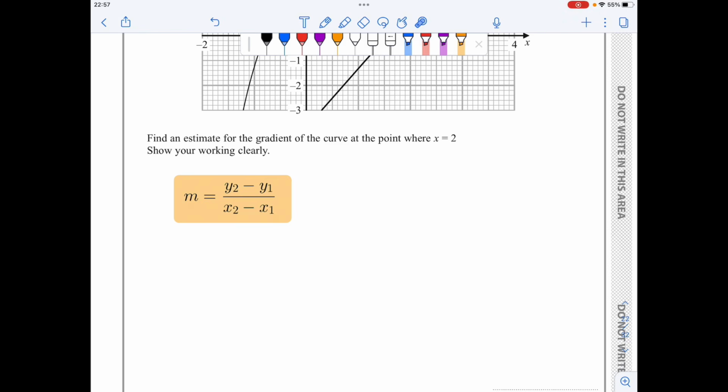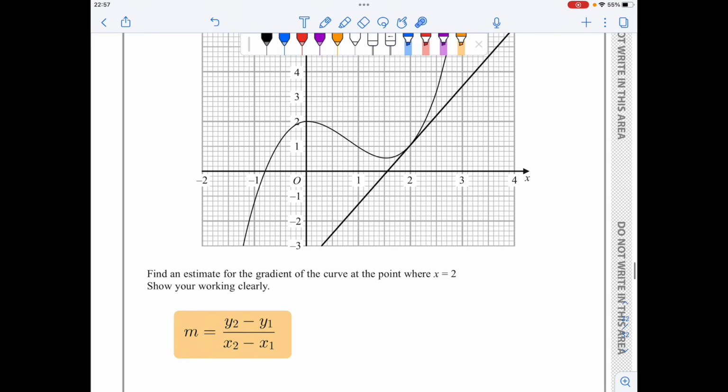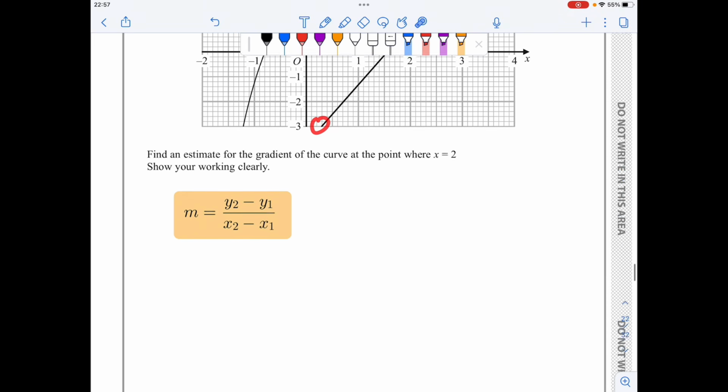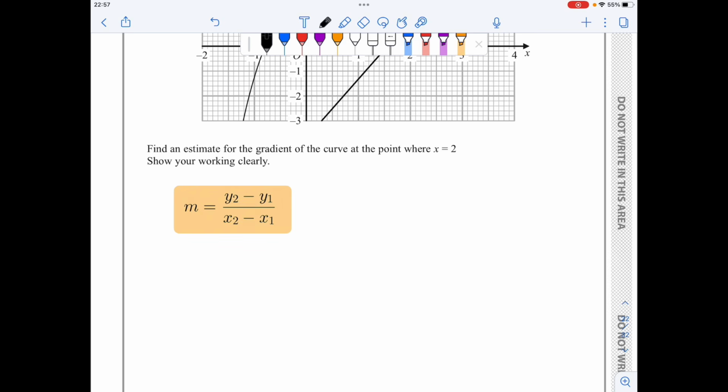The points I will select will be as far apart as possible. So I'll take these 2 points. The coordinates of those points are 0.3, 3 and 4, 5.8.